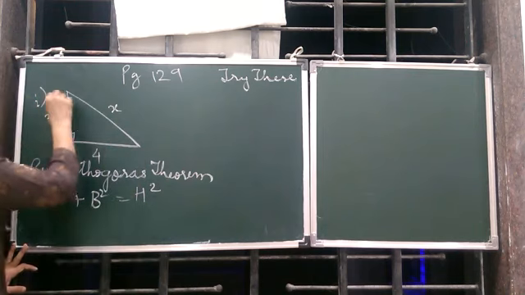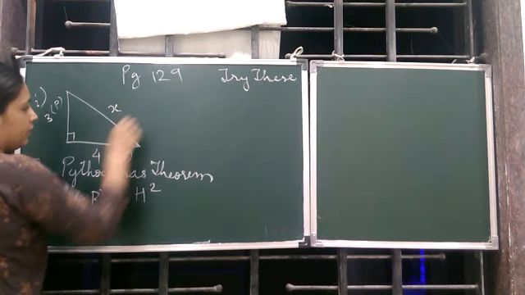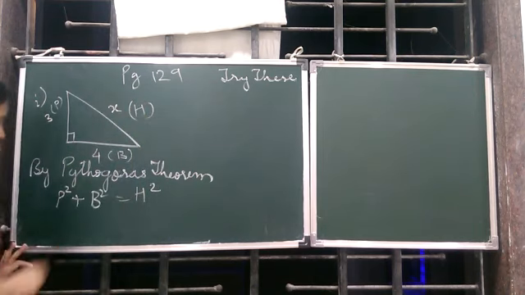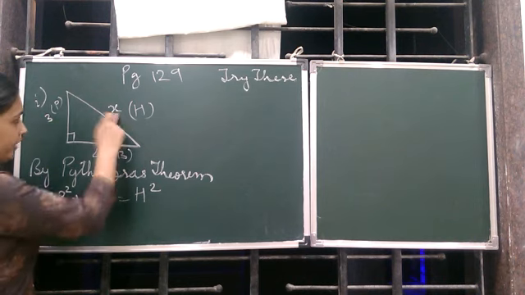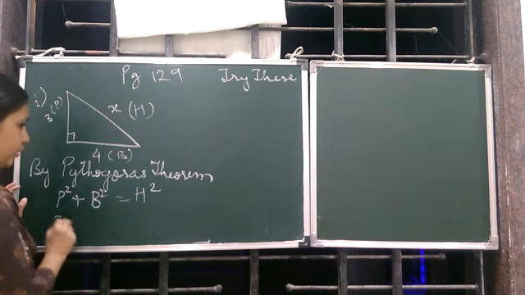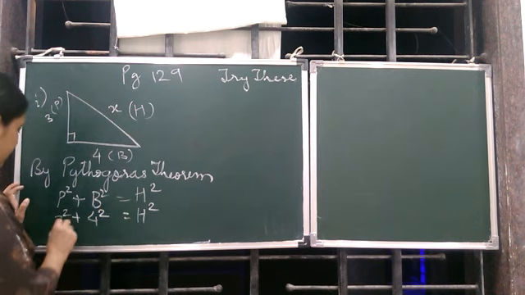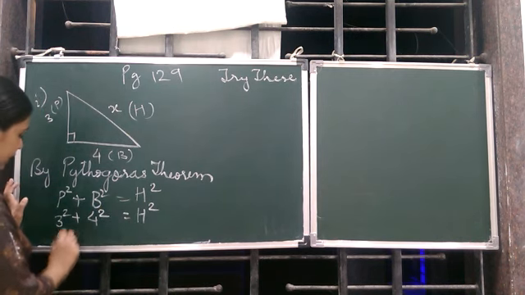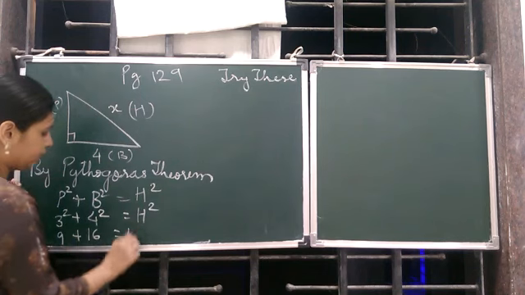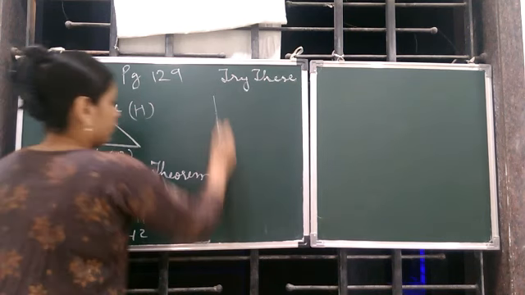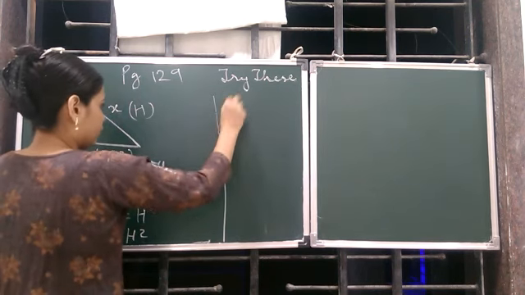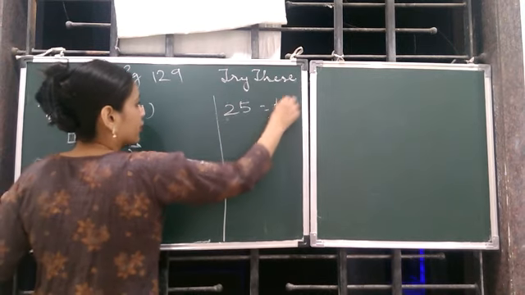You can write here, this is p, this is b, this is h. So we have to find the value of x. P square means 3 square plus 4 square equals h square. 3 square is 9, 16, so 25 is equal to h square.